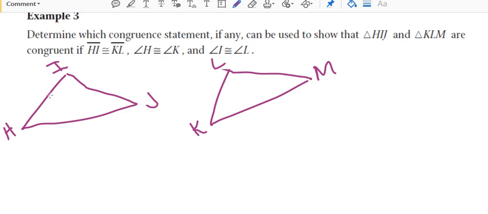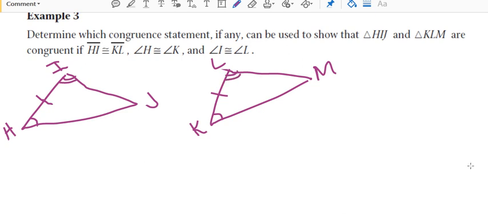It says that HI is congruent to KL, so that's this one. And it also says that angle H is congruent to angle K, and that angle I is congruent to angle L.